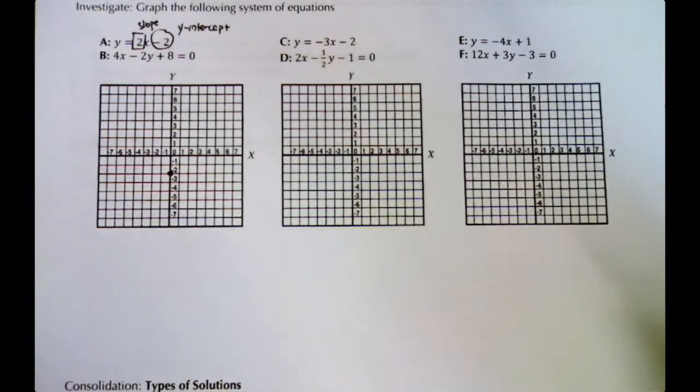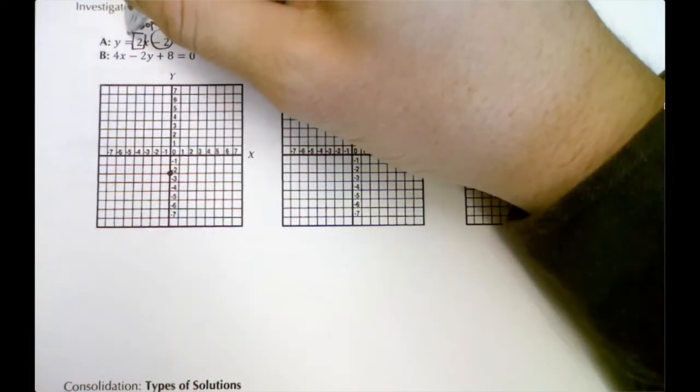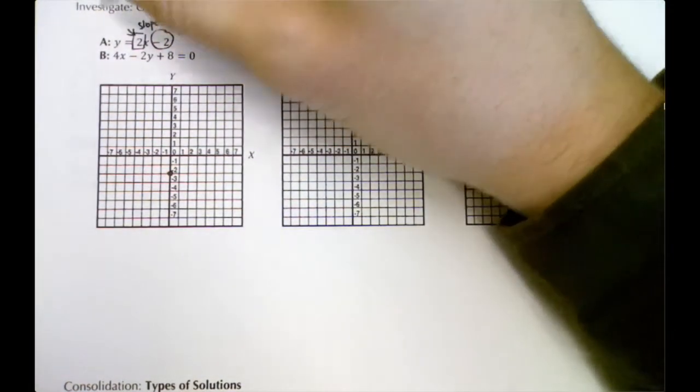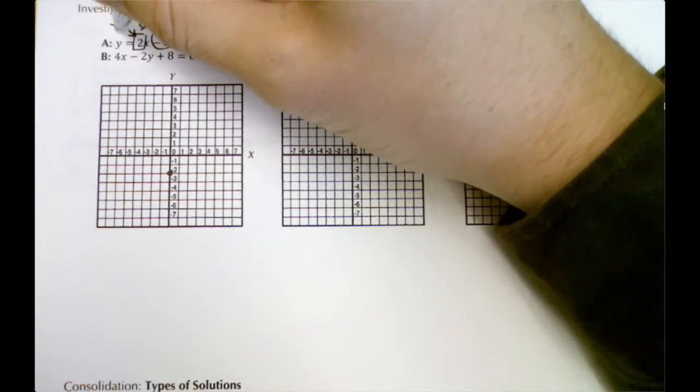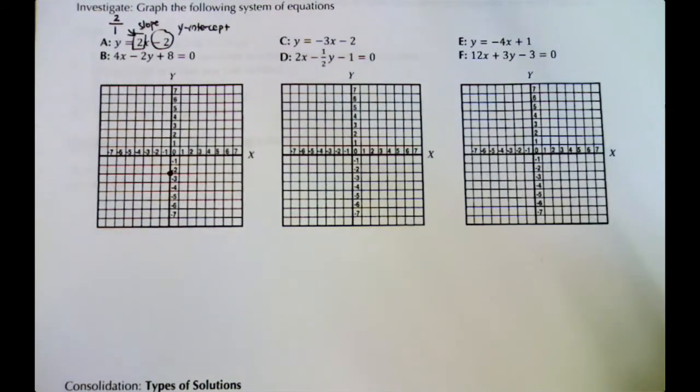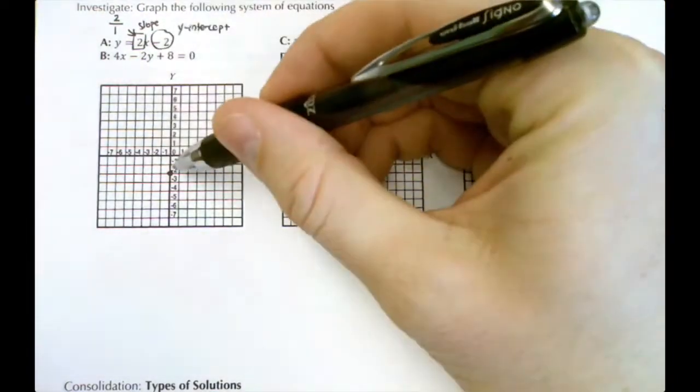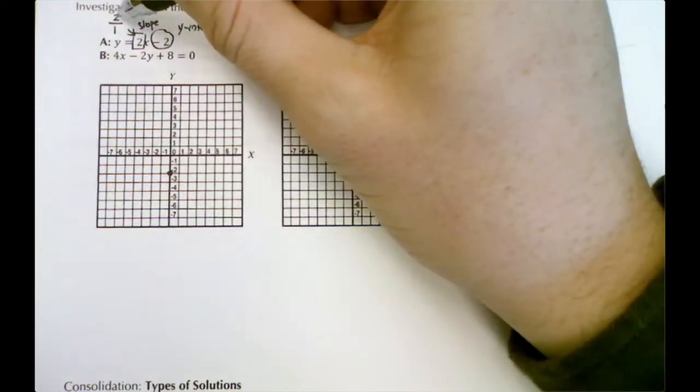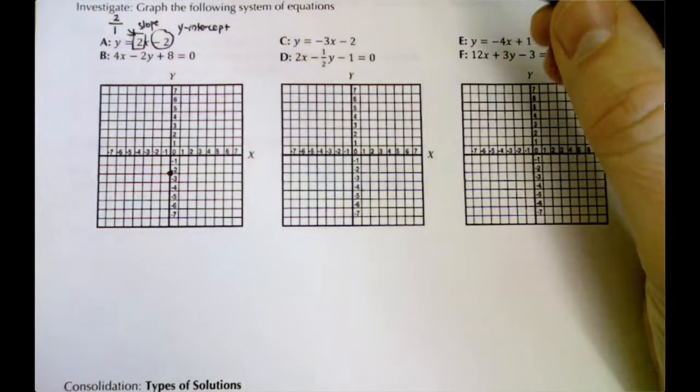to find more points. This slope is just the number 2. Well, slope is rise over run. So if I wanted to rewrite this number 2 as a rise over run, I would write it as the fraction 2 over 1, because 2 divided by 1 is 2. So that means from our y-intercept -2, we have a rise of 2 and a run of 1. So I'm going to do that on my graph.